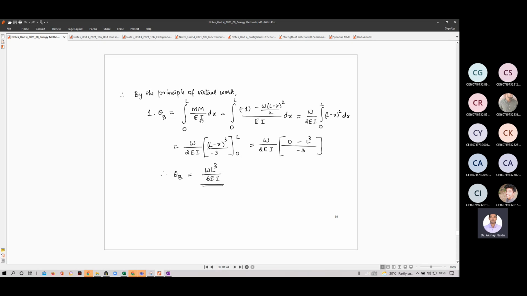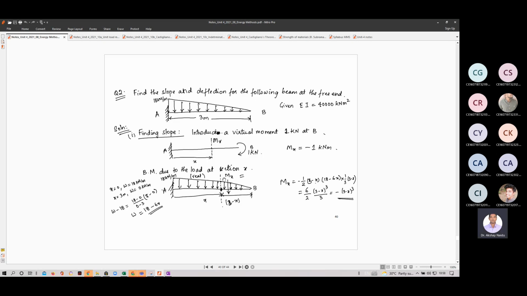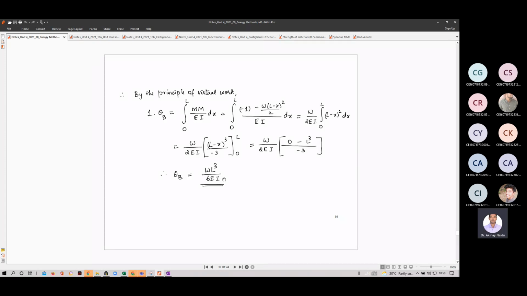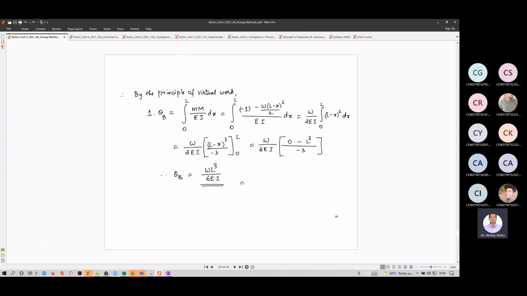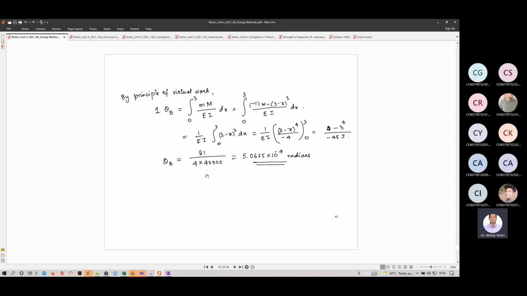Okay, this is not strain energy, this is virtual work. So remember integral 0 to L small m capital M by EI. That's what you get. Once you solve this, you get theta B. So this is the principle of virtual work applied for beams.